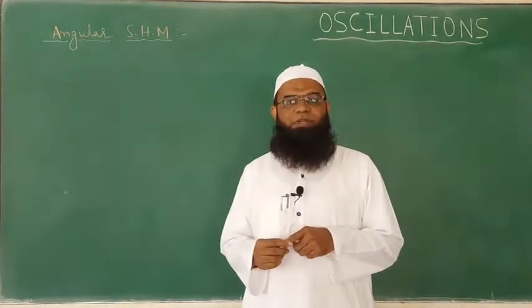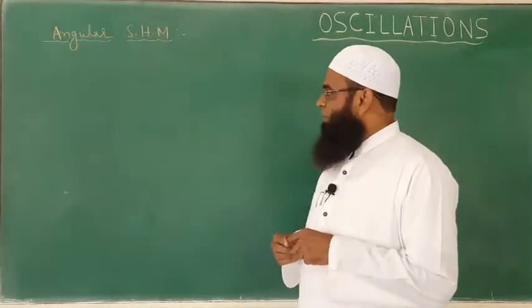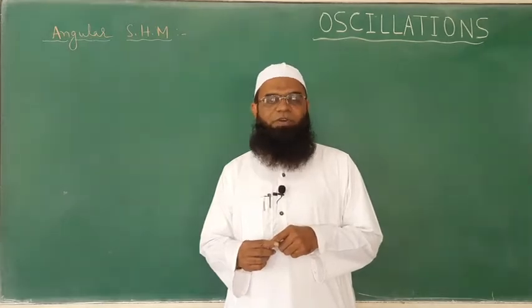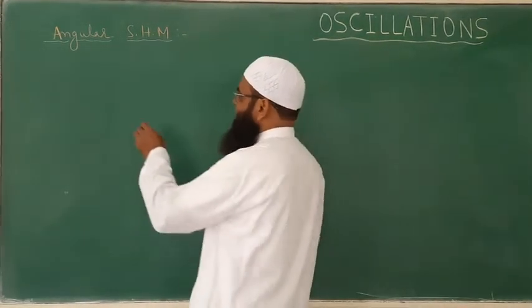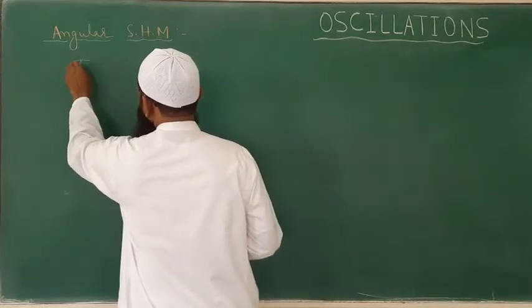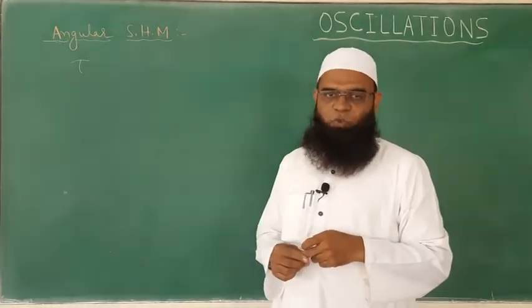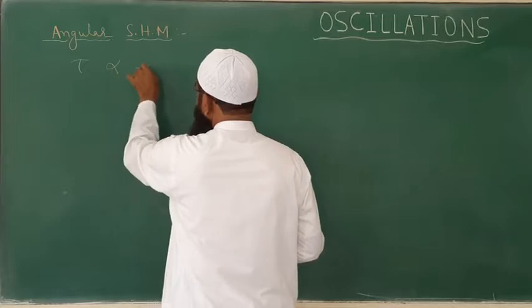So according to the definition, angular simple harmonic motion is an oscillatory motion of a body in which torque or angular acceleration is directly proportional to the angular displacement of the body.